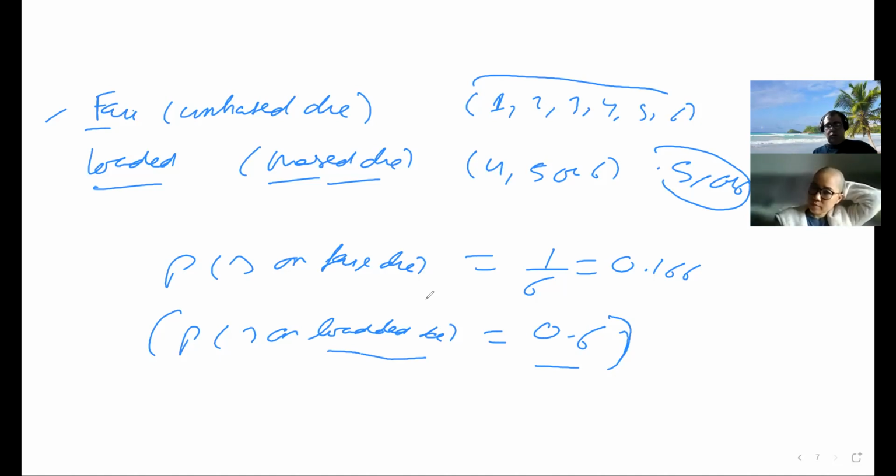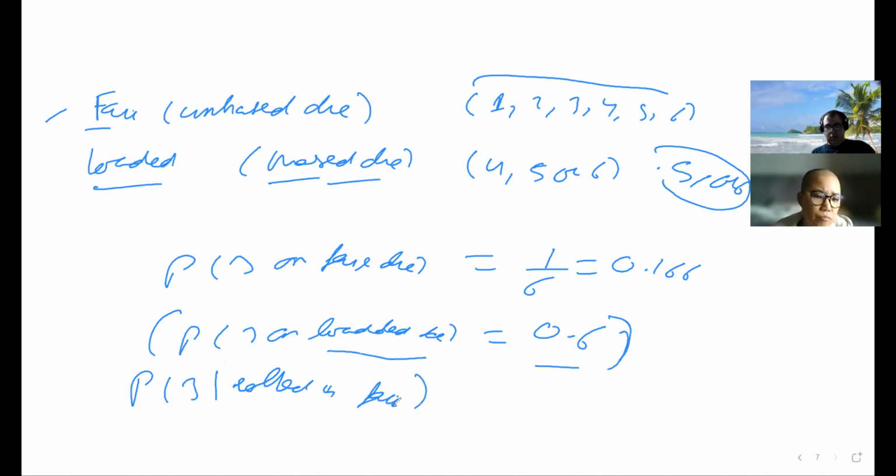Now suppose you get 3, and you have been given that the die rolled is fair. You have to find this probability, given that you have chosen the fair die for rolling.